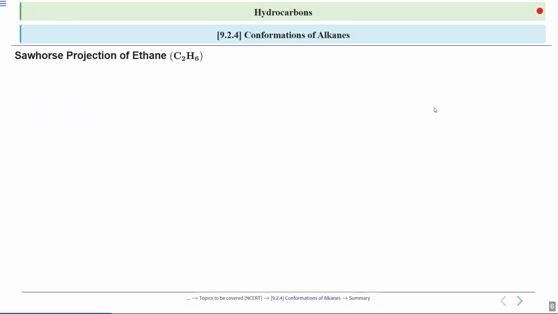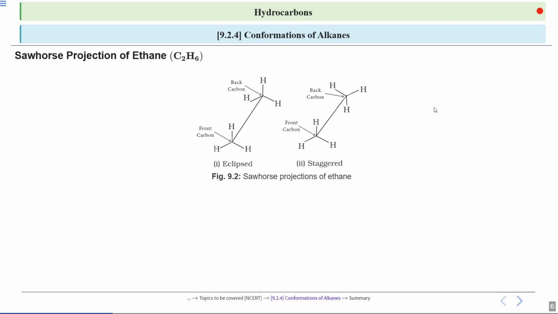Now starting with the Sawhorse projection of ethane. We will specifically talk about ethane, and then you can apply this same logic to any other molecule. Here we have two images showing the Sawhorse projection of ethane. Notice how this projection gives us a clearer view of the molecule's 3D structure.